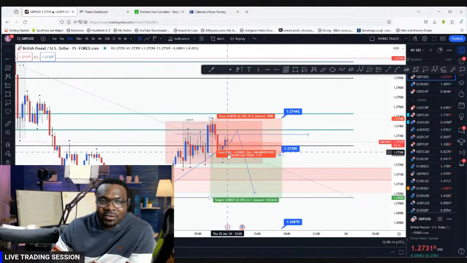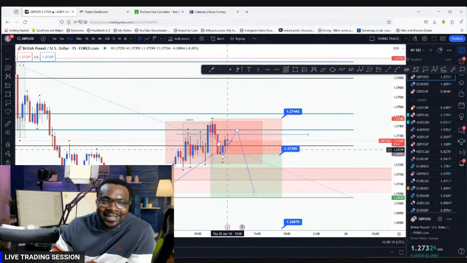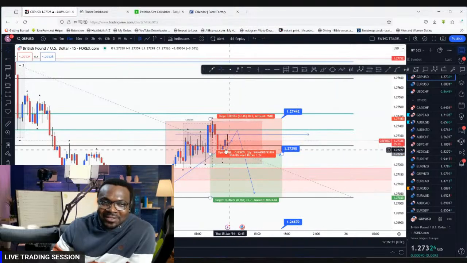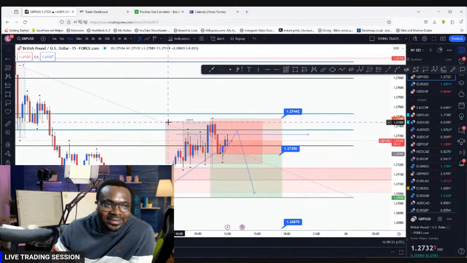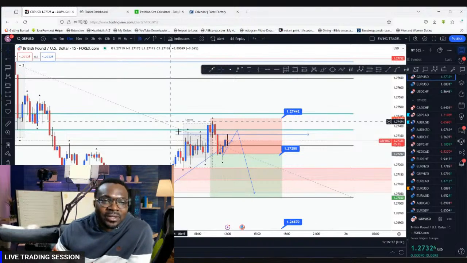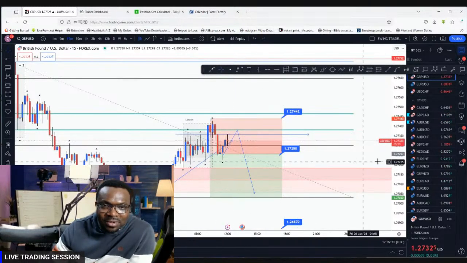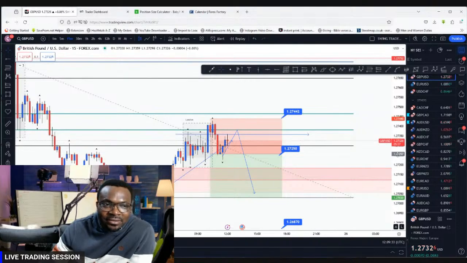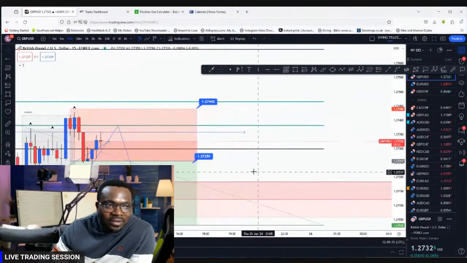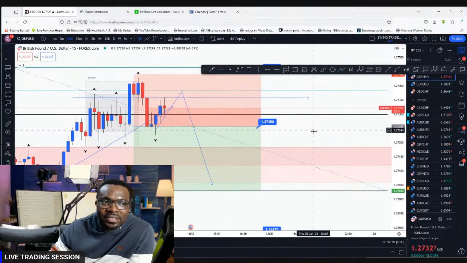Everyone is closing out. They want to try and push down. It's crazy. So I'm watching it. I just closed out, so I'm watching how this candle is going to close. If this 15-minute candle closes bearish, I'll put another sell limit here.